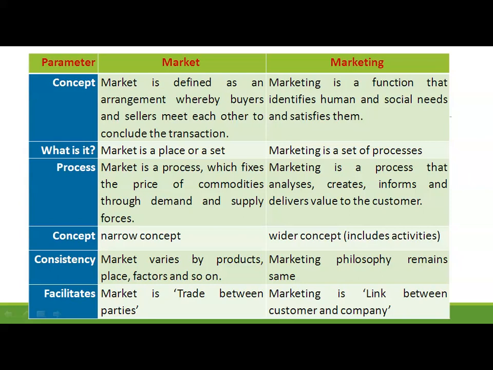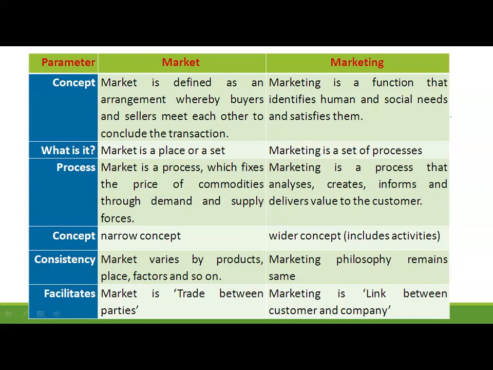If it is in the form of a digital market, then it is a set. And marketing is nothing but a set of processes with various activities. What is the process? Market is a process which fixes the price of commodities through demand and supply forces. And marketing is a process that analyzes, creates, informs, and delivers value to the consumer.